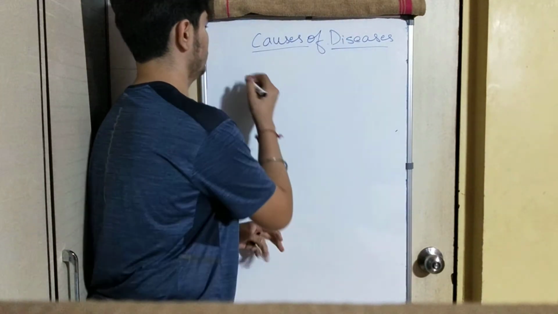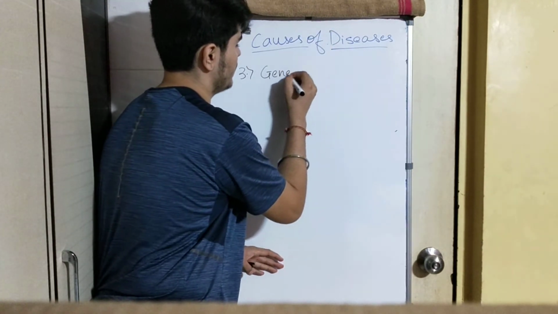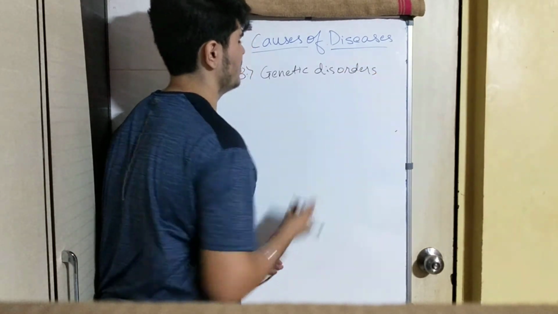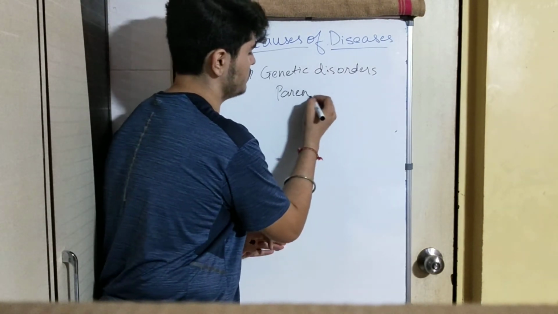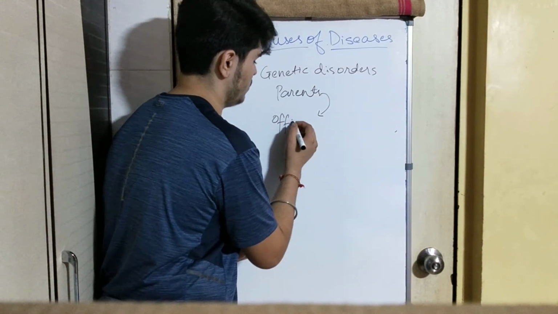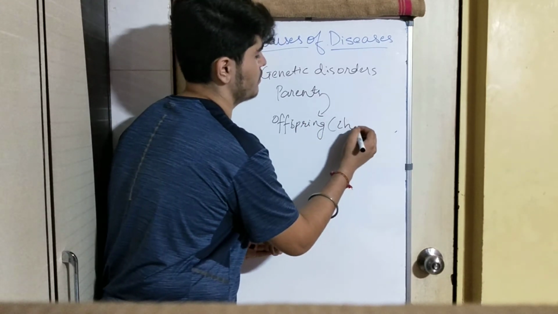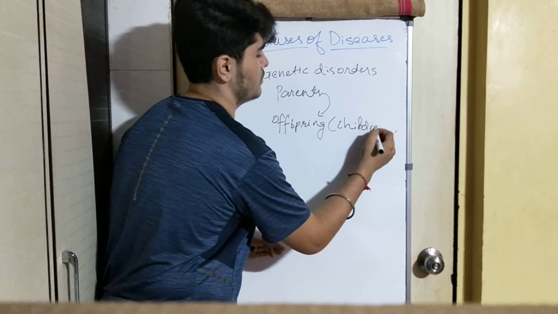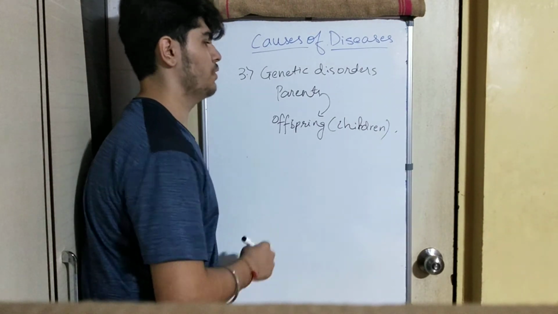Now we go to the third cause, that is genetic disorders. It is caused due to your parents, that is from parents to offspring, that is children. This is in you from birth.